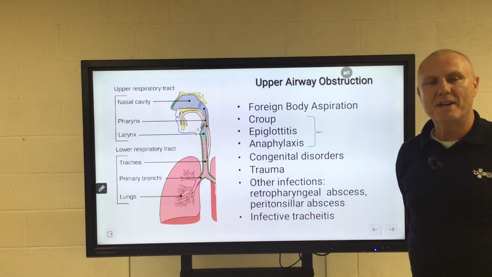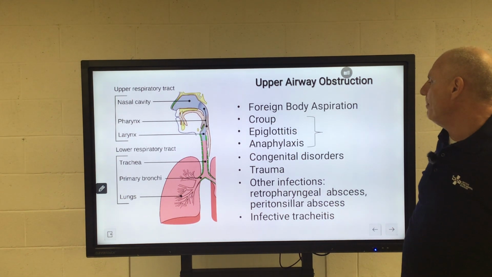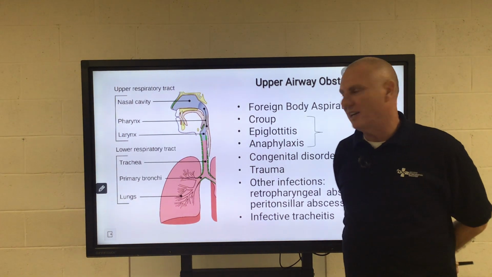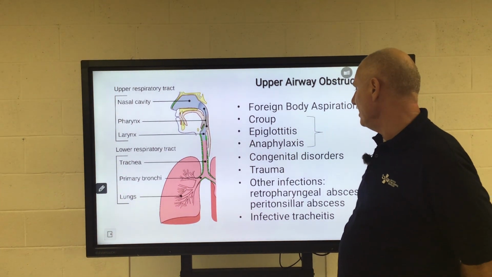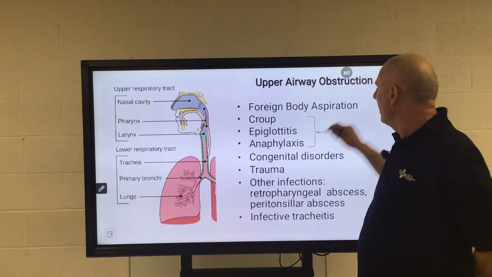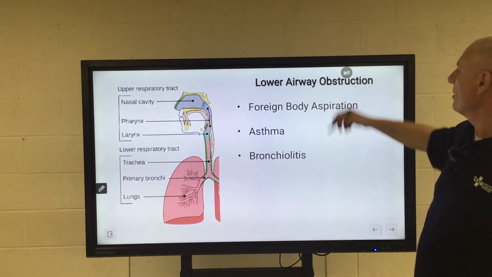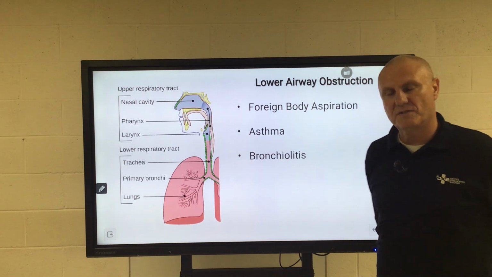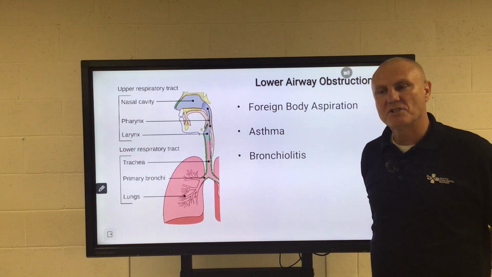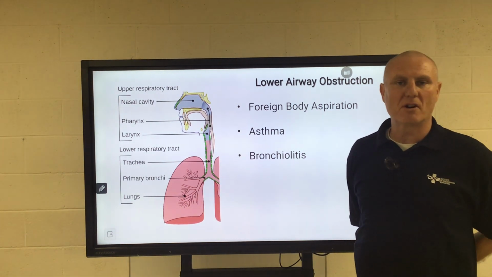And when we're talking about medical issues, these are the things that will cause inflammation: croup, epiglottitis, an inflammation of the epiglottis, the likes of anaphylaxis. Any of these things will cause upper airway inflammation and cause edema. So lower airway obstructions will be foreign body airway obstructions if they go down quite low, asthma, which are issues with the lower airways, and the likes of bronchiolitis or inflammation of the bronchioles.